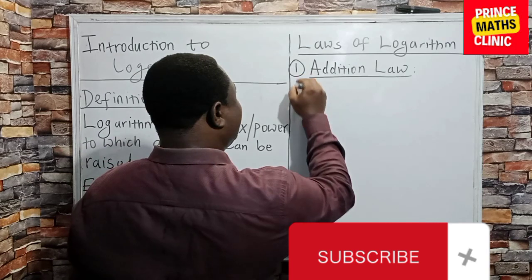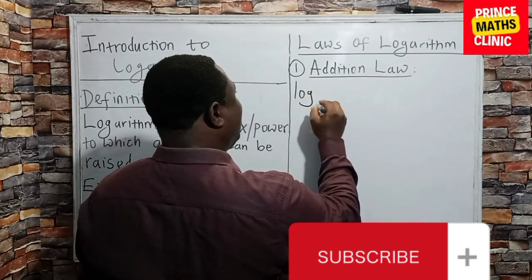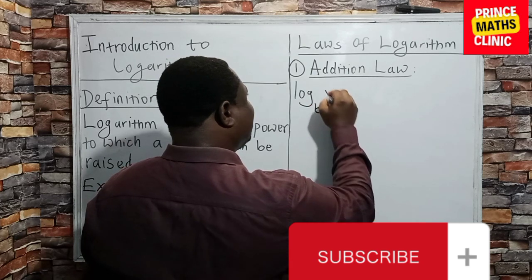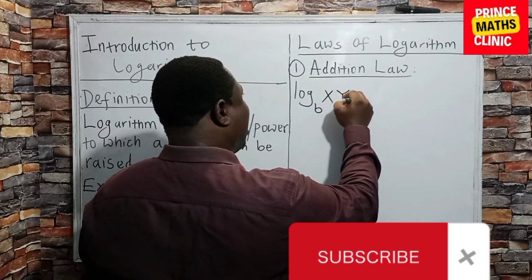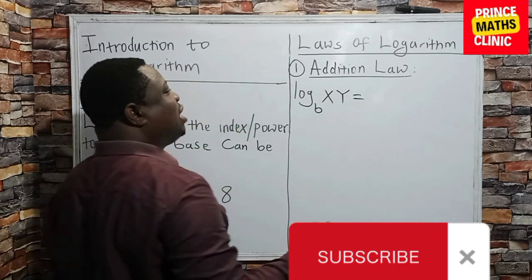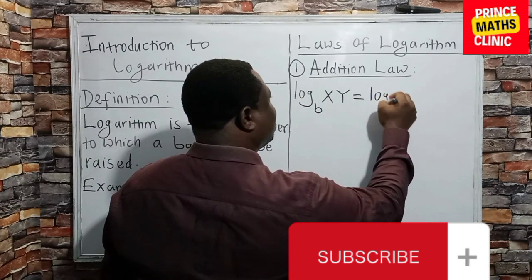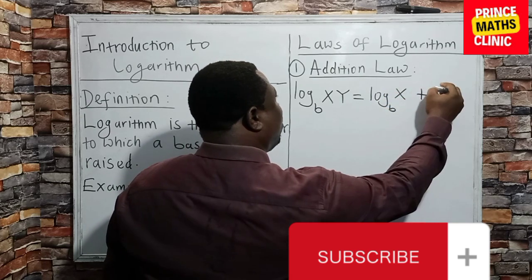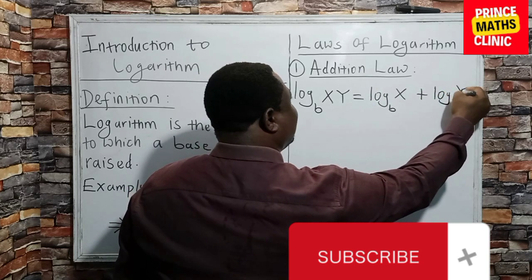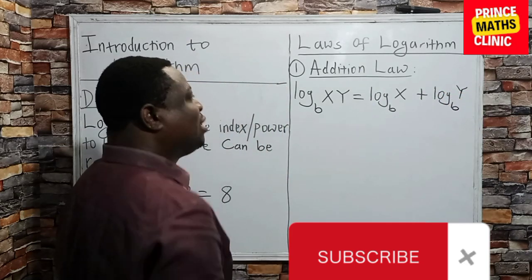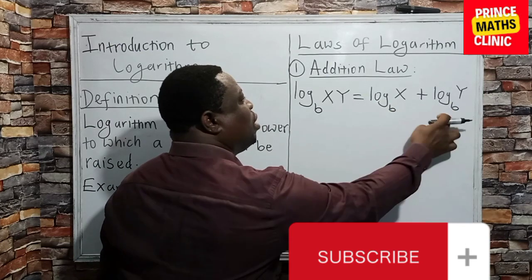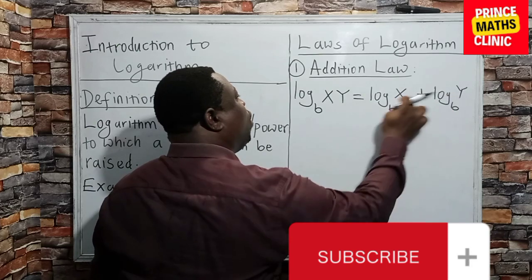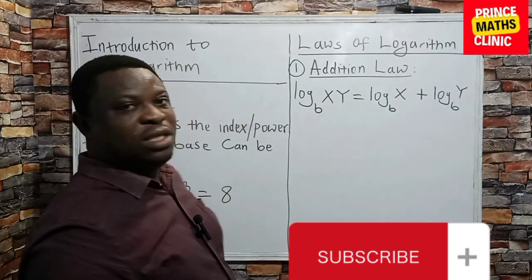The addition law states that if I have a log in base b of the product x times y, this law says that log of x in base b should be added to the log of y in base b. As long as the bases are the same, under addition we are free to multiply these two numbers together to give us this.